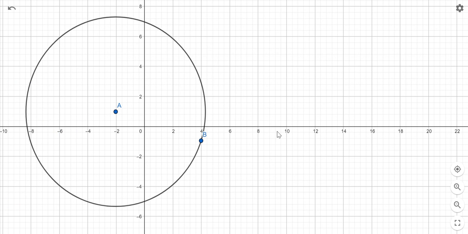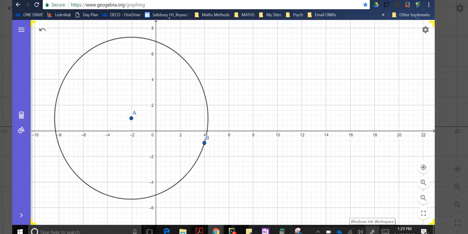I have to fix the screen to see it better. In this case, my circle will be like this, and the diameter will be AB.